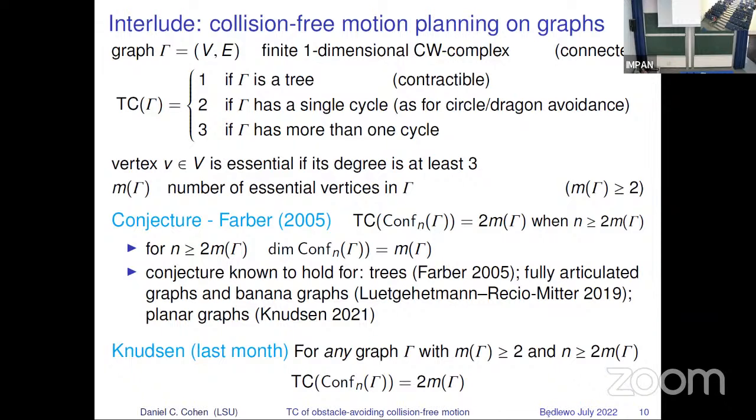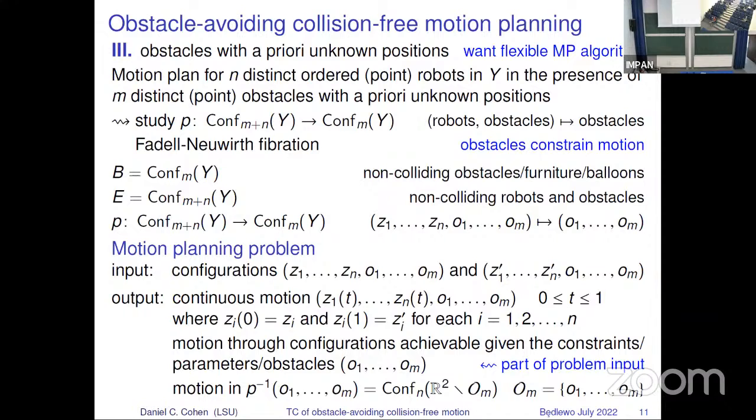Okay, back to the matter at hand. So now I want to consider the situation where we're studying collision-free motion in the presence of obstacles, but we do not a priori know where the obstacles are. So whatever motion planning algorithms we were to produce here, they should be flexible so as to be able to deal with, you know, the tables are in this position or the tables are in a slightly different position.